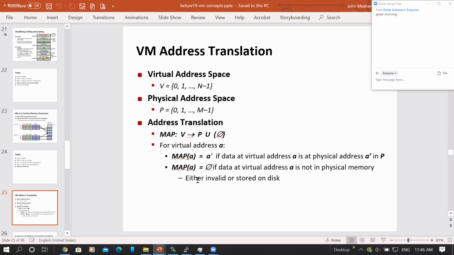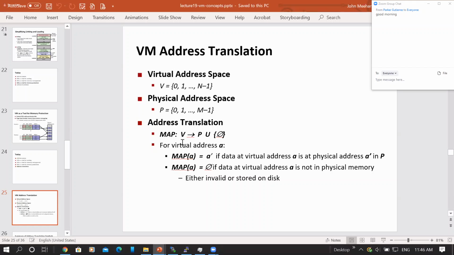It's stored out on the disk, which is that page fault case. So this one has two subcases. One of them is the seg fault, the segmentation fault, and the other is the page fault. The page fault will get fixed for you by the operating system. The seg fault will cause the operating system to kill your process.